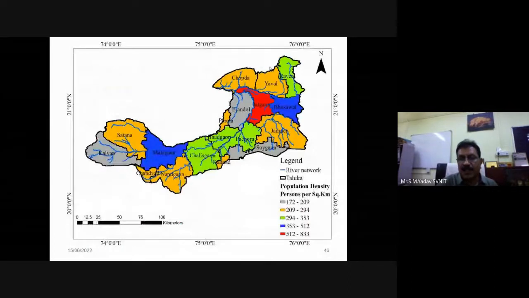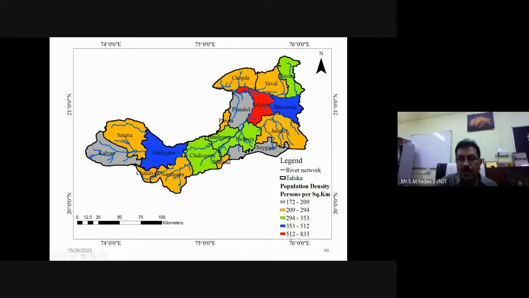Let us say this. Okay, so you have, for example, Satna, and it has 209 to 294. We have classified the population, persons per square kilometer, as 209 to 294. So when we find out FVI, the rating for this may be 1, 2, 3, 4, and 5. Then for Satna, you have to multiply 2 into the weight of population density for category number 2.